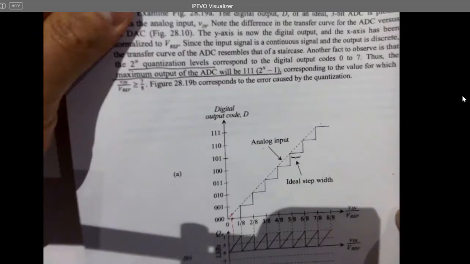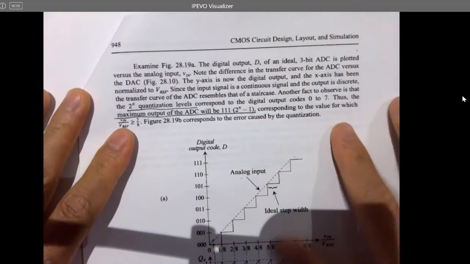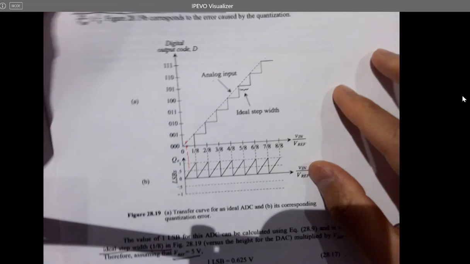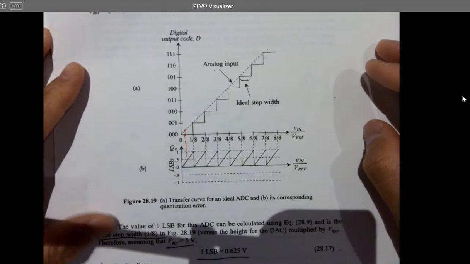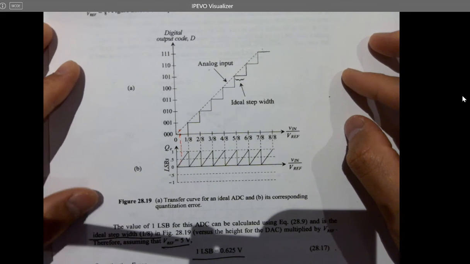Okay. Now ADCs. This is on page 948. How can I tell this is the ADC?